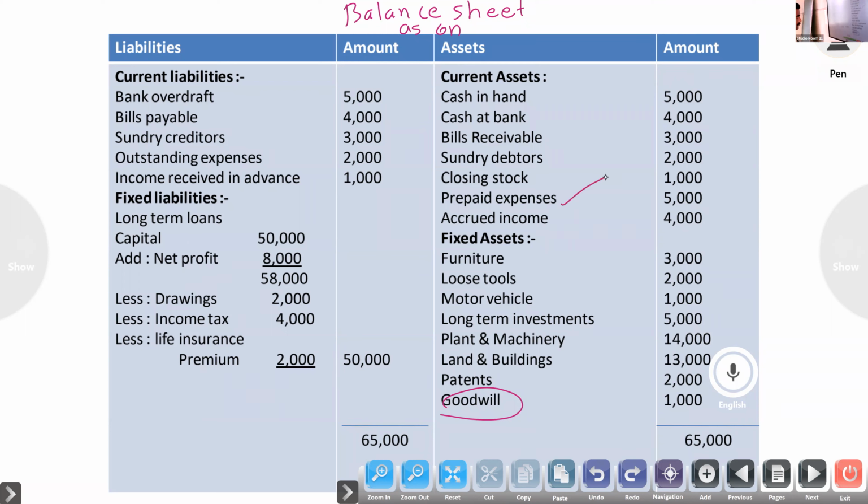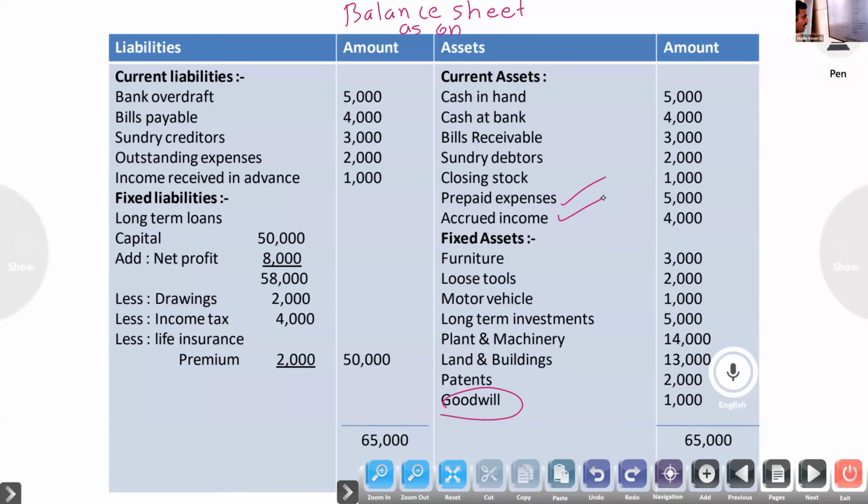Adjustment items only: accrued income, expense paid in advance, prepaid insurance. Accrued income is this year's income only, still we didn't receive that income.